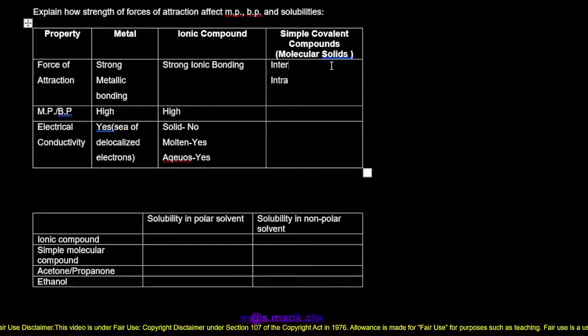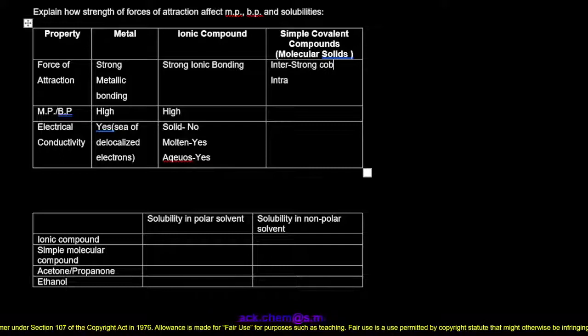A substance which is considered to be simple covalent molecules, or in a solid state called a molecular solid, contains two types of forces of attraction.